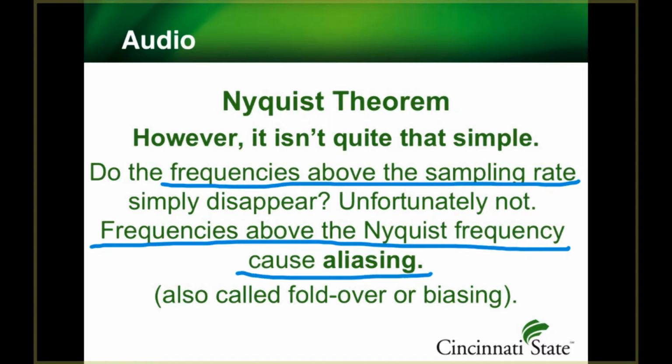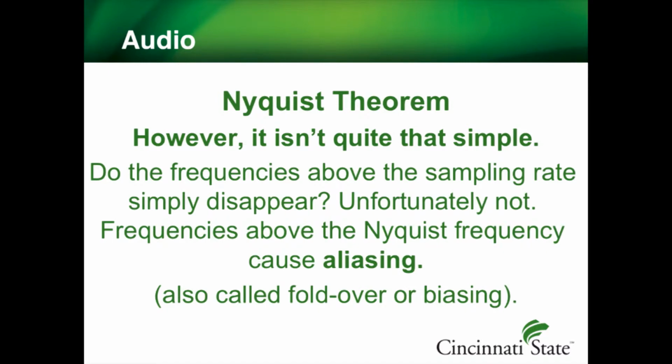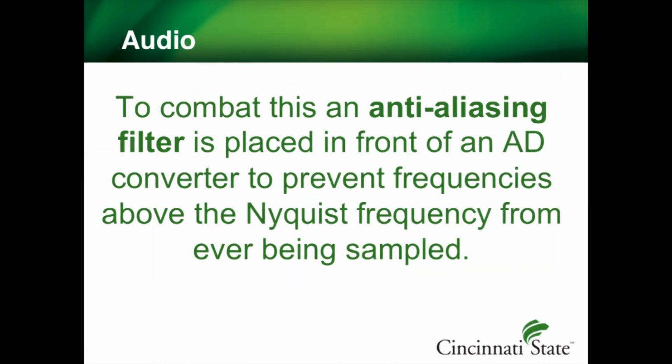It is also called foldover or biasing sometimes. By aliasing we mean they will negatively influence the frequencies we do hear. Because going back to how harmonics work, upper partials from the previous lecture, those upper frequencies will affect the amplitude and shape of those lower frequencies.